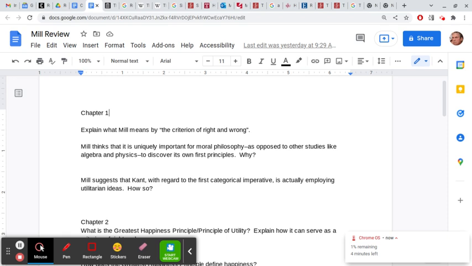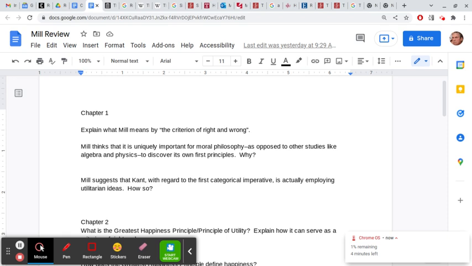But moral philosophy is different because it is about goals, purposes, ends. So what we do will be determined by what we consider to be the good. What do we consider to be the end or purpose? So it is uniquely important for moral philosophy to discover its own principles, that is, its own criteria, its own foundation.